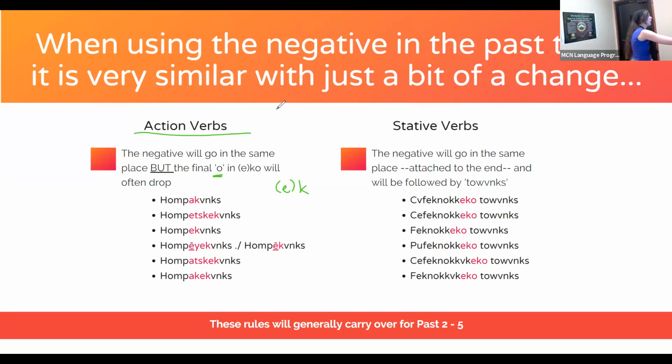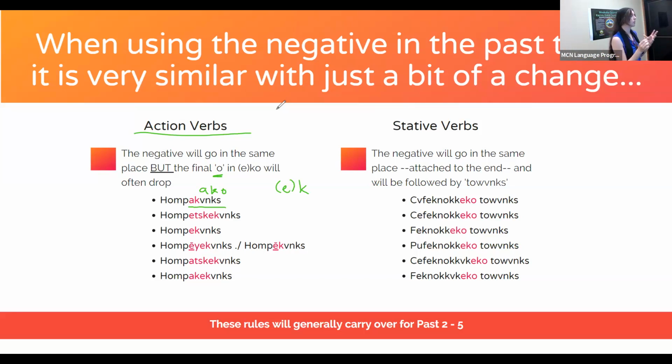So we'll see that here, right? Normally this would be ago, hombago, I don't eat, becomes hombagunks. Honestly, this is because all of the past markers start with vowels, and two vowels next to each other aren't usually great in Mvskoke.